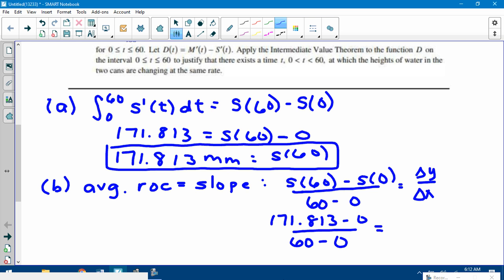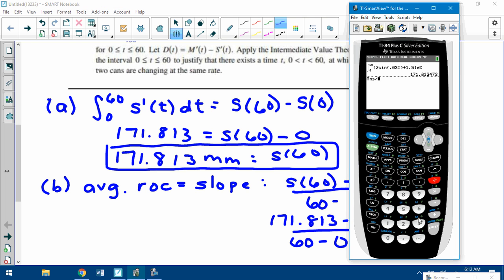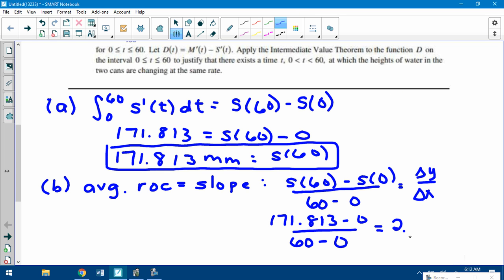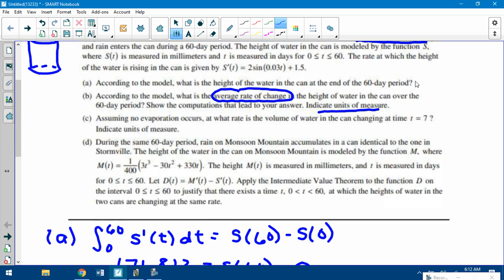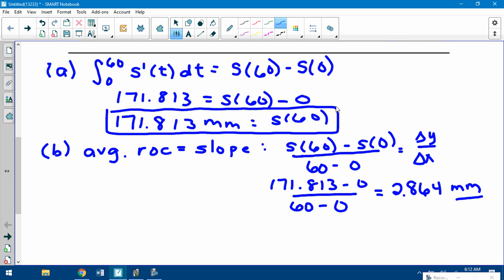Essentially, I'm just taking this answer that I had and dividing it by 60. 2.864. And the units on the y values are millimeters, and the units on x, I believe, are days. Yep, so millimeters per day. So over the course of those 60 days, that's essentially how much rain there is per day. It's a lot of rain.